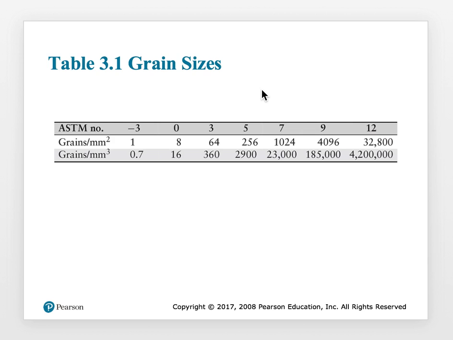And if you look at the homework set that has been posted, there is one problem where we are going to be looking at the relationship between grain size and the average stress that is required.